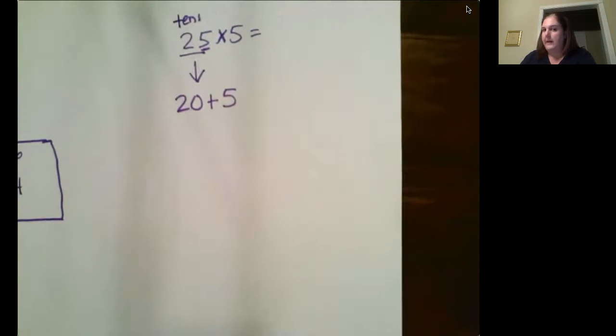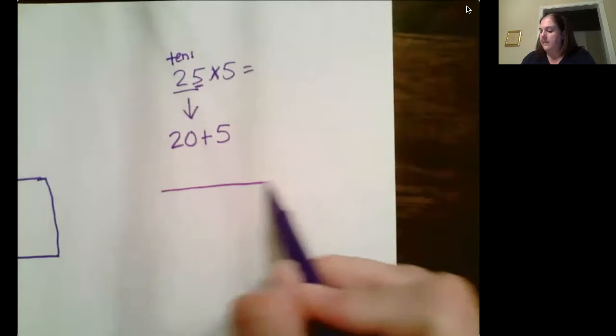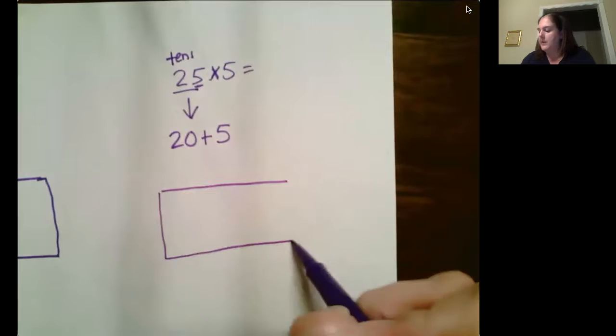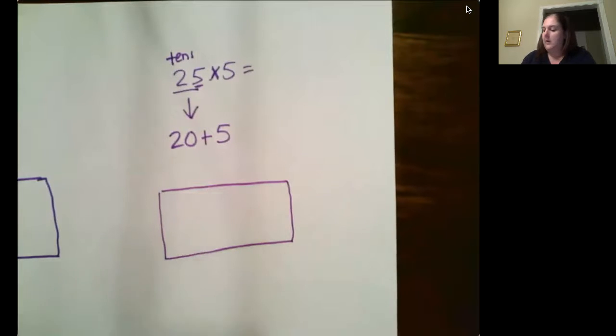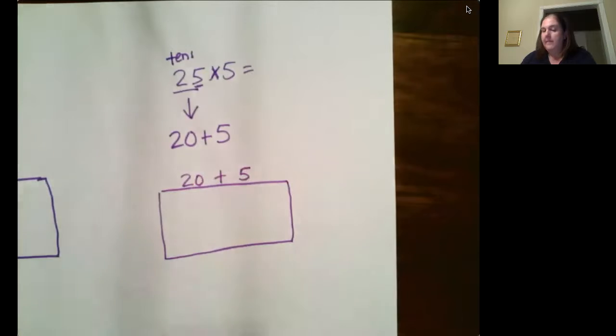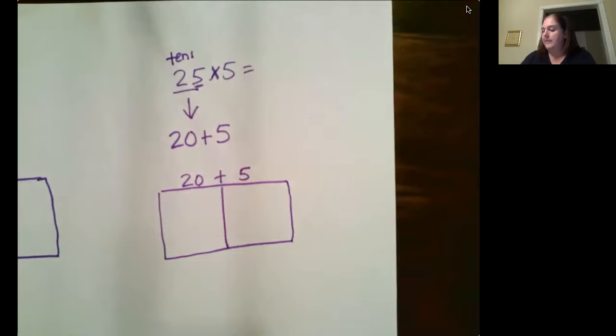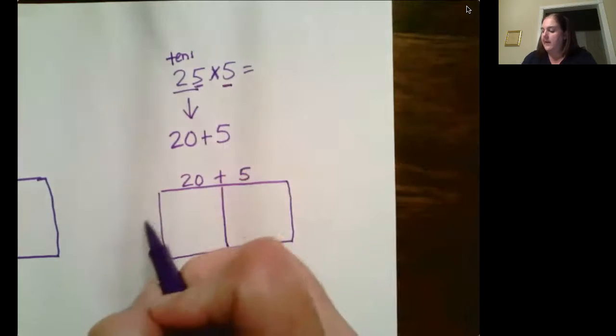Draw your rectangle. Doesn't have to be a perfect rectangle, but as best as you can. Write that expanded form on top. Draw your line. Now my other factor was 5, so that goes out to the side.